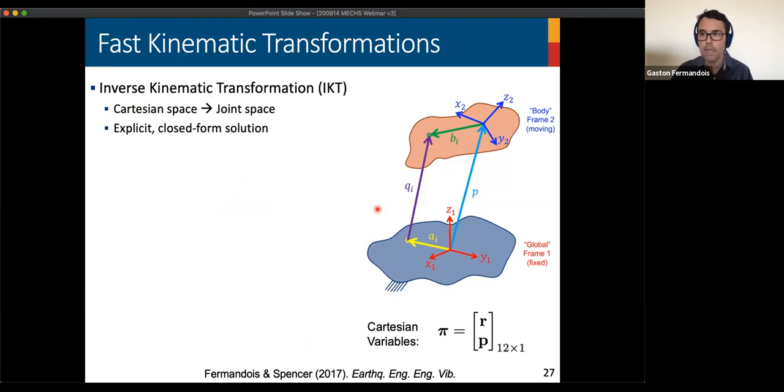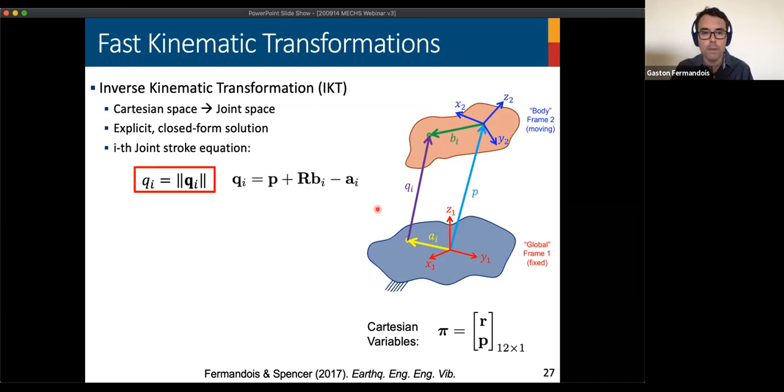So basically, if we have the vector in Cartesian coordinates and we want to calculate the associated extension of each of the actuators, that is very easily computed.